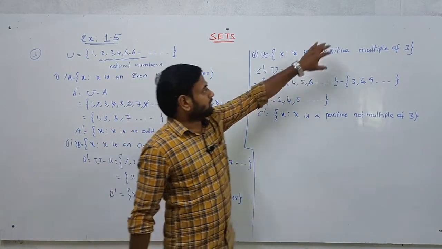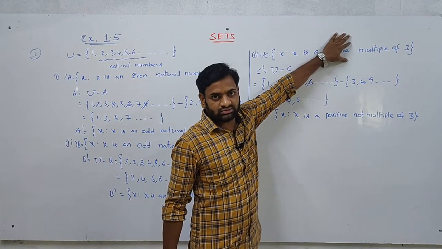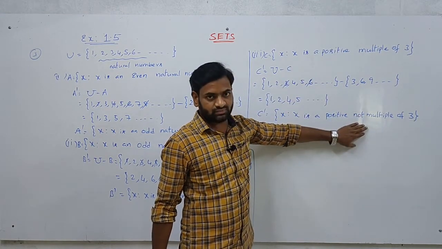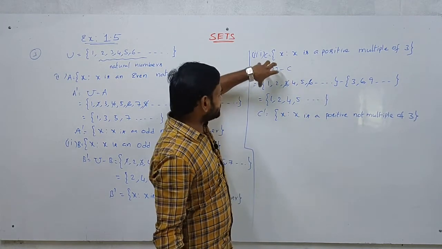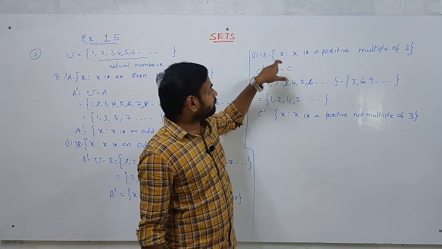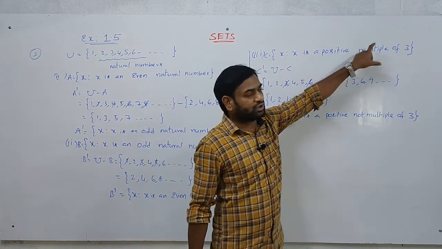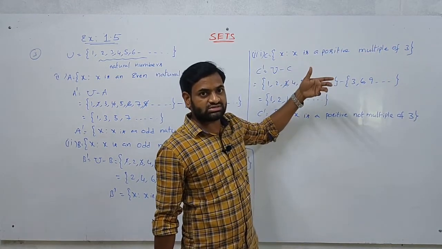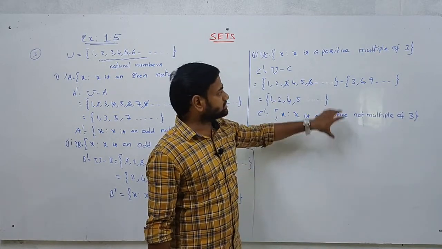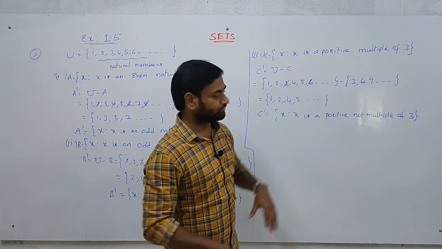Just here there is no not, now I am using not here. That's it. C dash means not C. What is C here? Multiple of 3. Not C means not a multiple of 3. You can write directly also, but I showed it here.